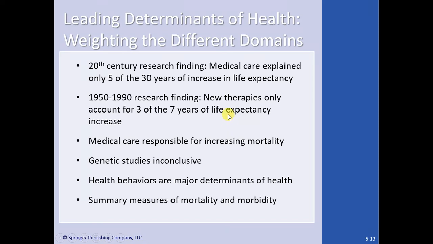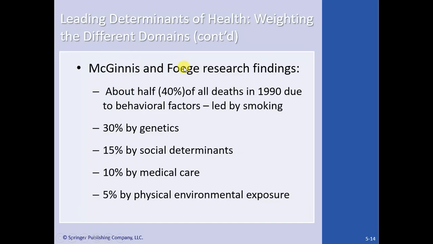So again, there has been a lot of research on this, a lot of interest in this as we have these mounting healthcare costs, and also some effort to weigh these different determinants as well.